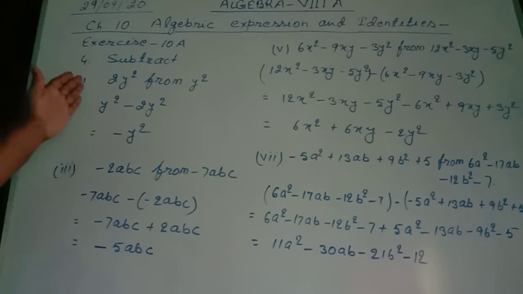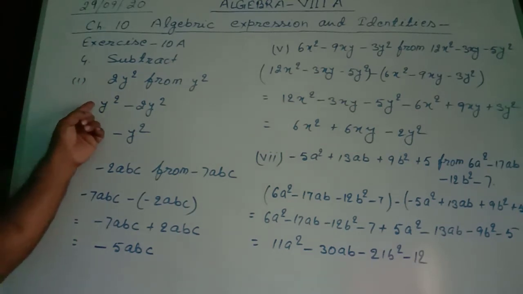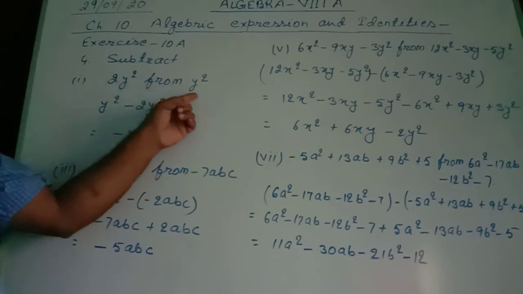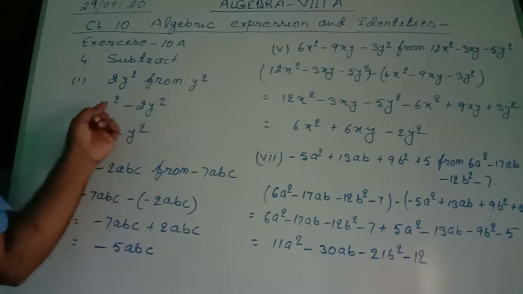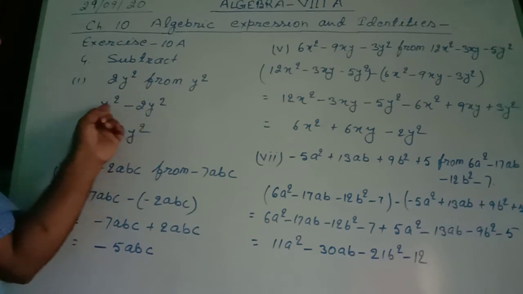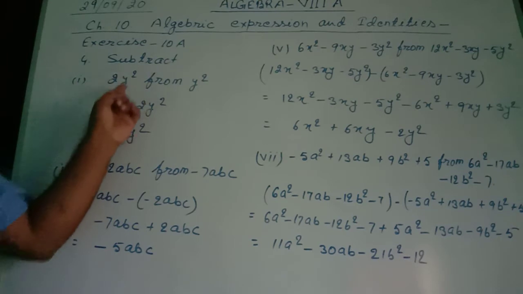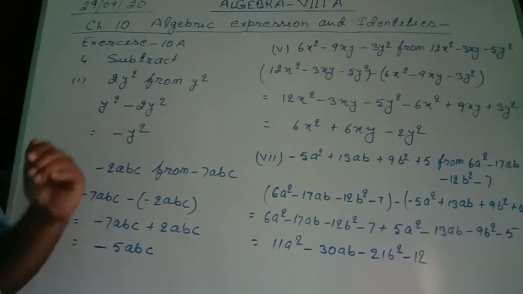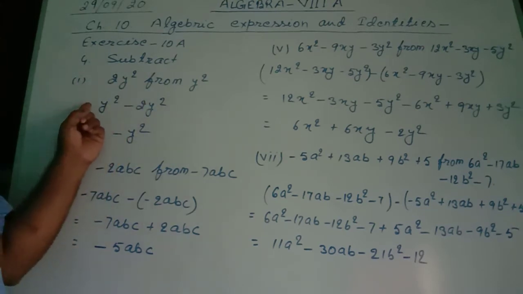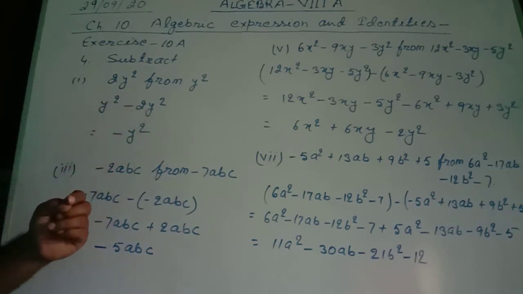I repeat this. What is written after from we will write at first, and what is written before from we will write at last. Between these two we will keep the sign of minus because we are asked to subtract. In the next step, y square has plus and 2y square has minus.